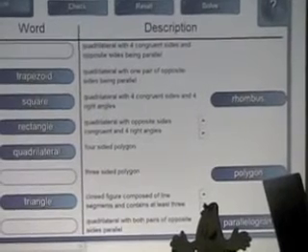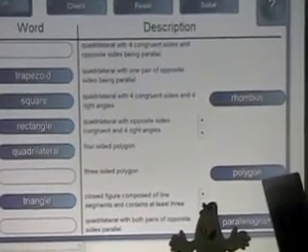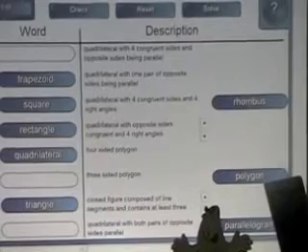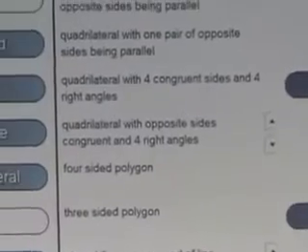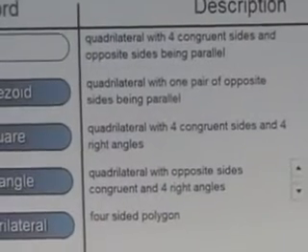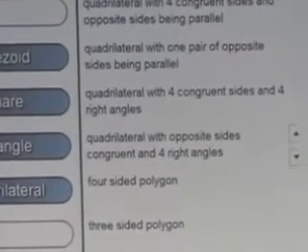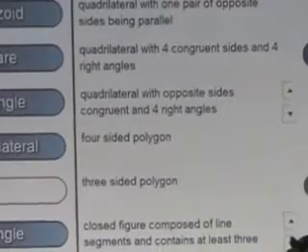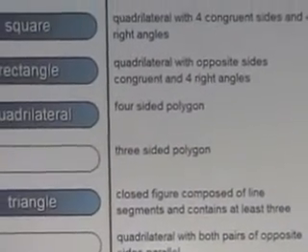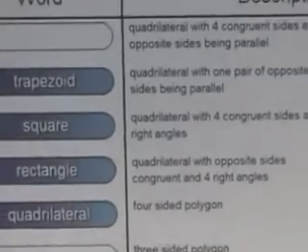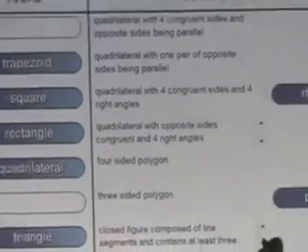All right. We still have a quadrilateral with four congruent sides and opposite sides being parallel. Do you have an idea which one that might be? Could be a parallelogram. Okay. Why don't you place these last three and we'll check them, okay? Just drag them to the one that you think is the best fit, and we'll check.